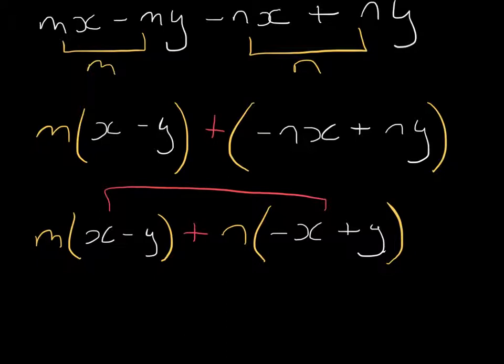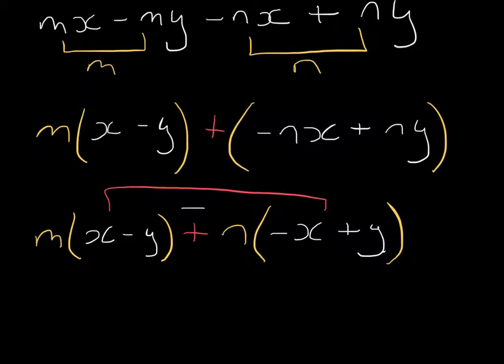So what we need to do is factorize out a negative. If I take this minus x plus y and I take a negative out of there, what I can do is change this sign, and it becomes a negative.